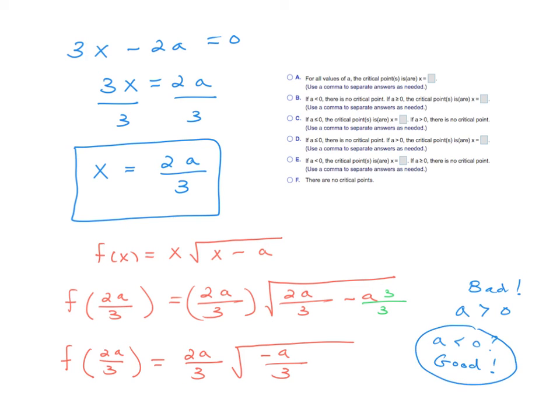And then the only thing I have not considered is, well, what if a actually equals 0 itself? If you look at the function in this case, if you substitute a is equal to 0, we're going to have x times the square root of x as our function.